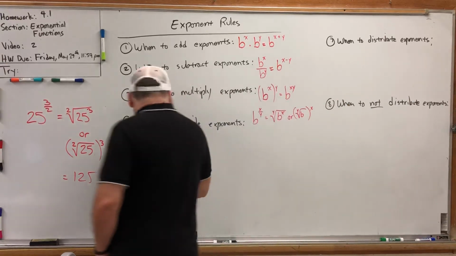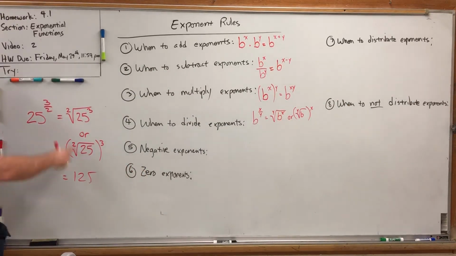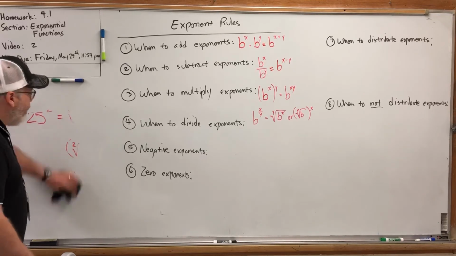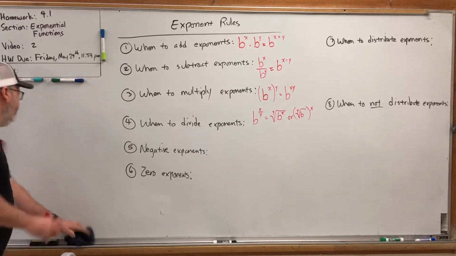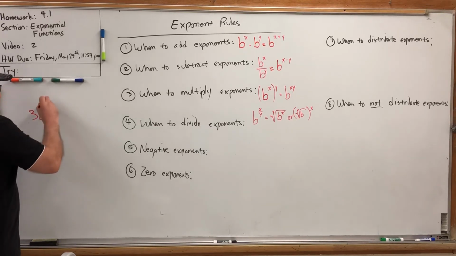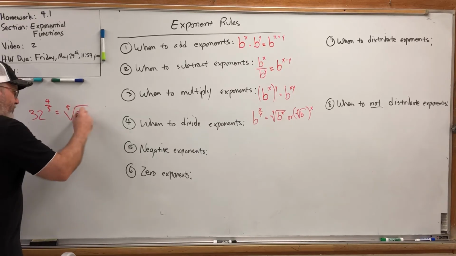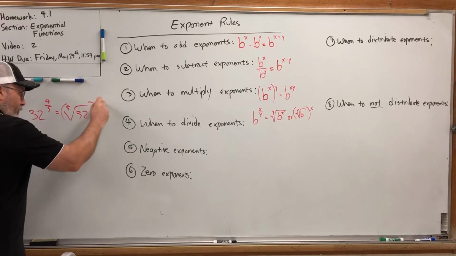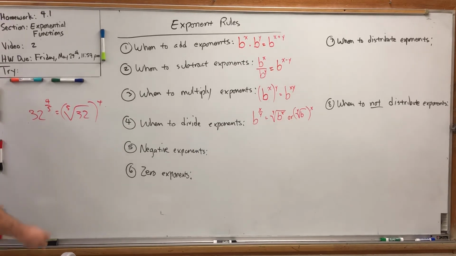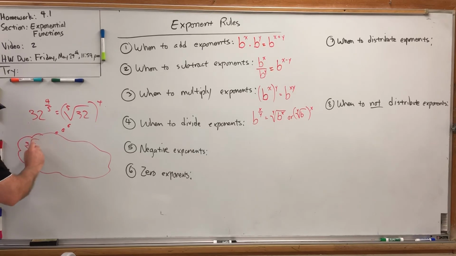Now, that one takes a little getting used to, but it's not really that bad. The hardest part is actually evaluating the radical, because if you had something like 32 to the 4/5 power, which is the 5th root of 32 to the 4th power, you might be thinking, what does this even mean?